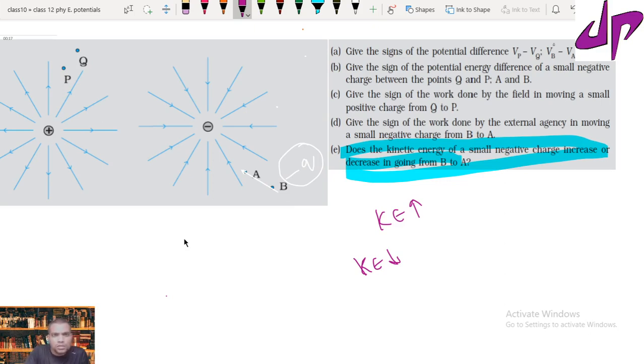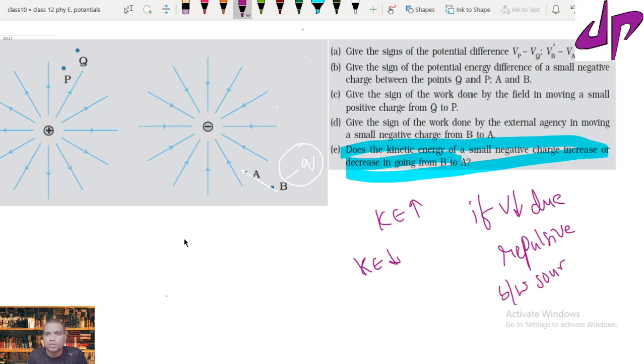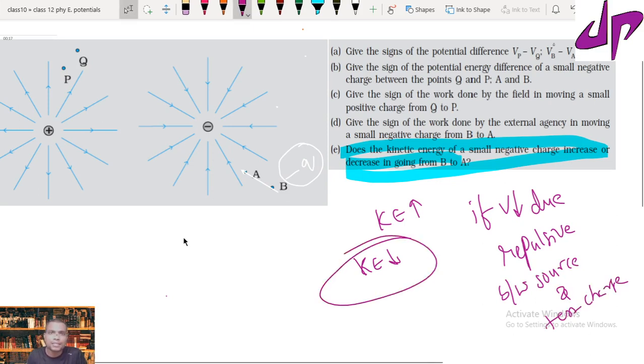The source charge is also negative and the test charge is also negative. Obviously the source charge applies a repulsive force. That repulsive force causes a decrease in velocity. So if velocity decreases due to the repulsive force between source charge and test charge, obviously in that case kinetic energy decreases.